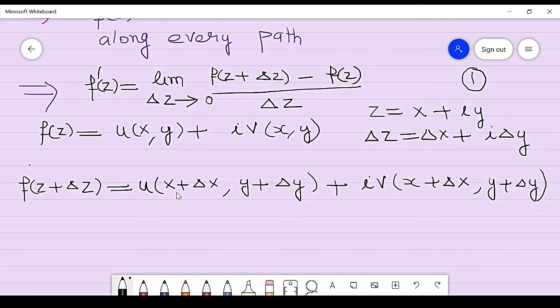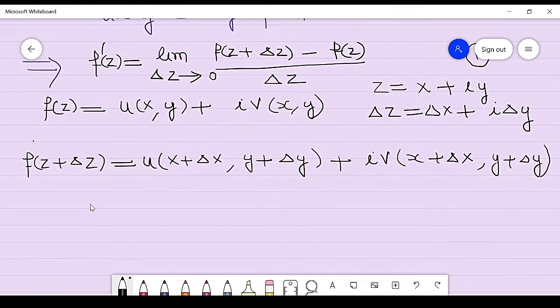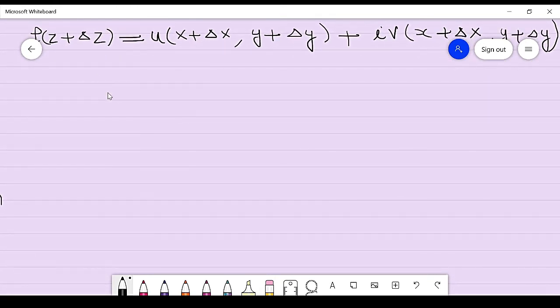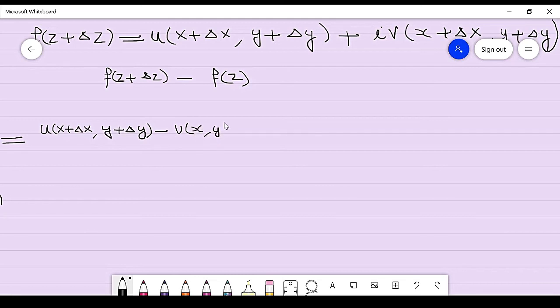Now f(z + delta z) − f(z), taking real and imaginary parts, is equal to [u(x + delta x, y + delta y) − u(x, y)] + i[v(x + delta x, y + delta y) − v(x, y)]. This is the first part.